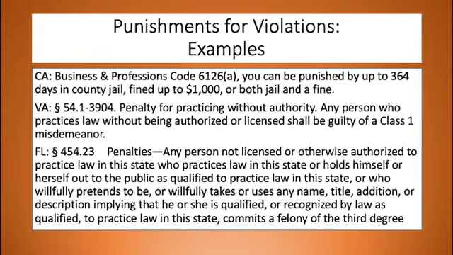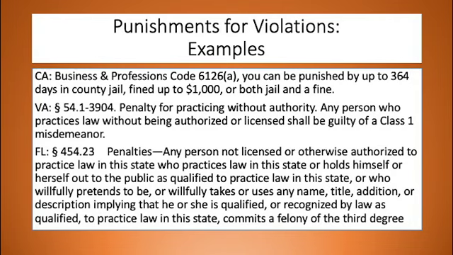Well, let's talk about punishment for violations, because that's also important to know. So in California, under the Business and Professions Code, you can be punished up to 364 days in jail, fined up to $1,000, or both jail and a fine. So that's pretty serious. In Virginia, the penalty for practicing without authority is that a person who is practicing law without being authorized or licensed shall be guilty of a class 1 misdemeanor.